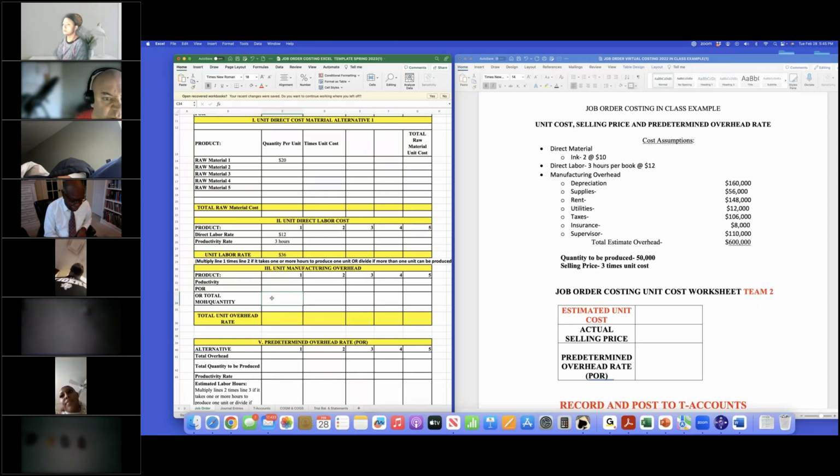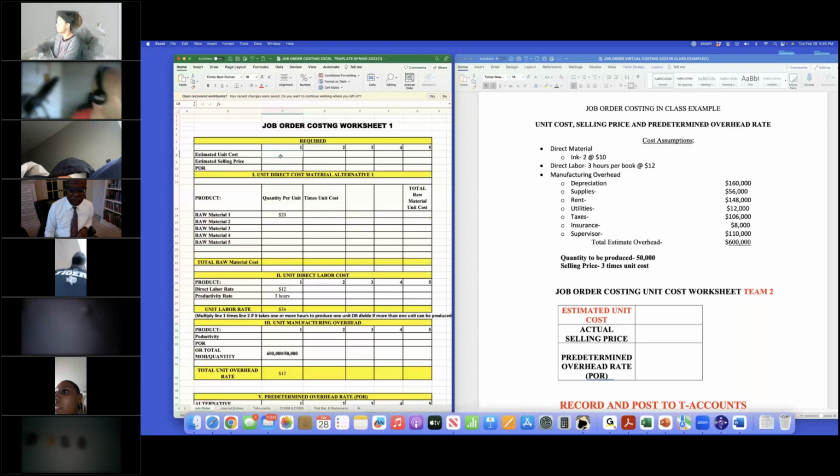The amount of overhead divided by the quantity, 50,000. And then you get 12. When we add those up, what's our total unit cost? So you got 56 plus 12, 68. Okay. Are there any questions by anybody?